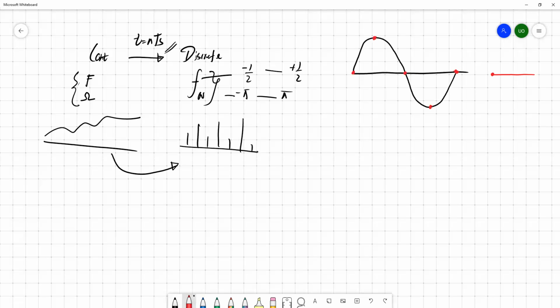We have one sample here and one sample here, one here, one here. So this is the discrete form if you take 5 samples per cycle. So we basically ended up with these 5 samples.